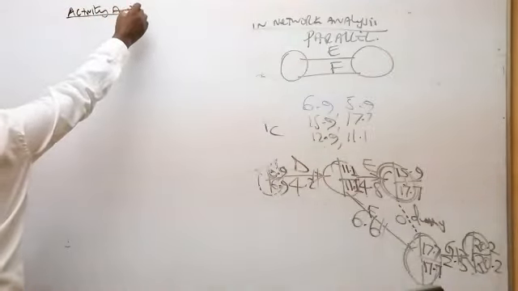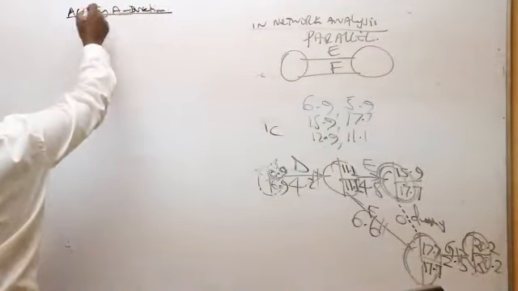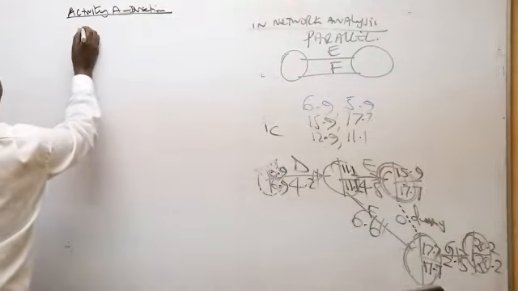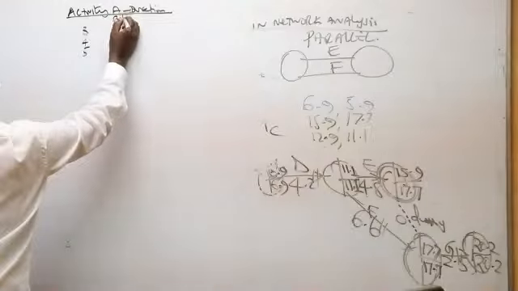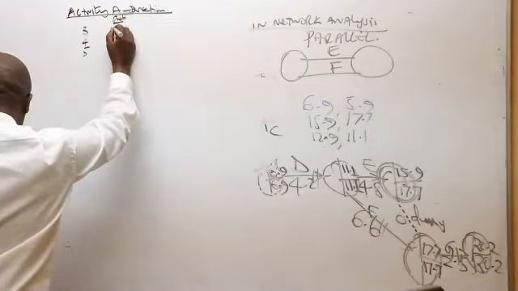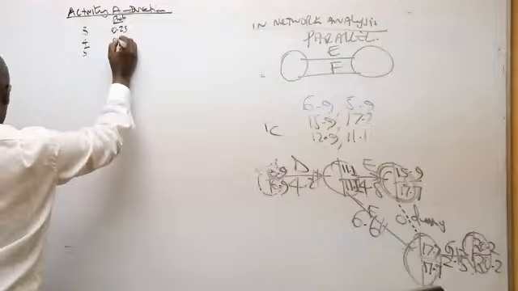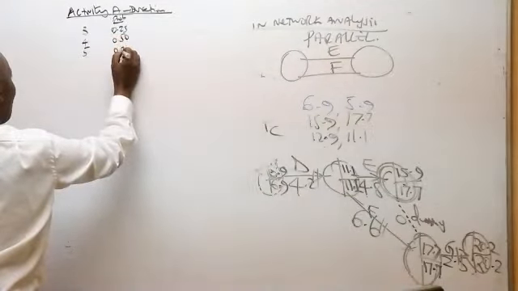Activity A durations could either be 3, 4, or 5, and they have given me the probabilities: 0.25, 0.50, then 0.25.